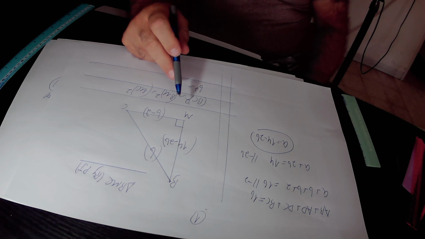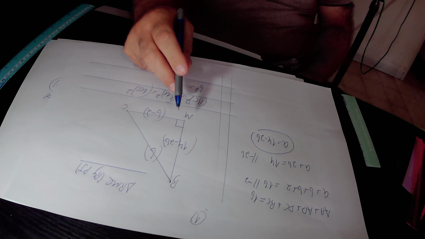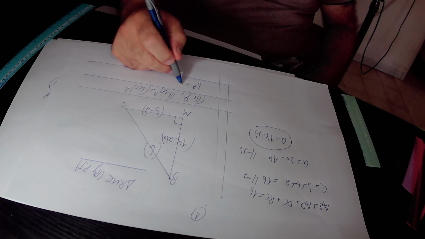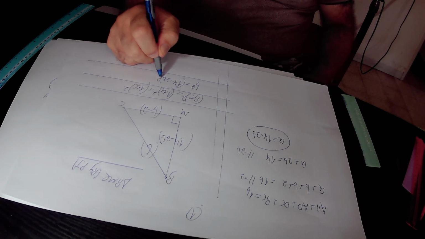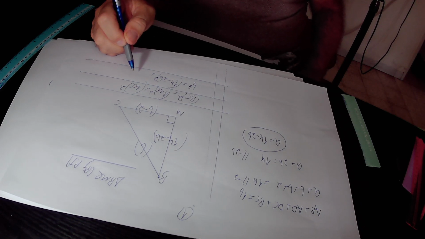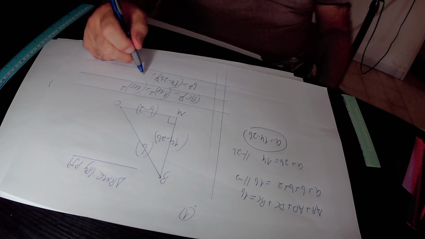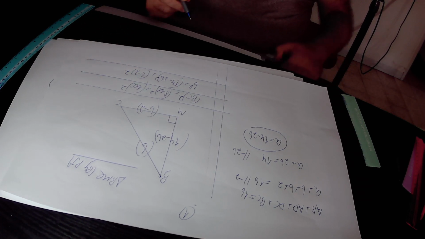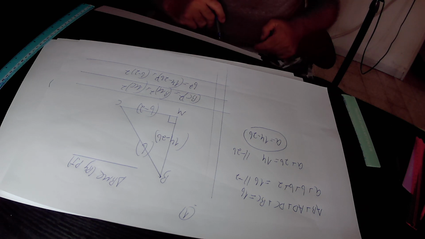BM is 14 minus 2b, therefore BM squared is 14 minus 2b squared, plus MC squared. MC is b minus 2, therefore MC squared is b minus 2 squared. So in total, we found out that b squared equals 14 minus 2b squared plus b minus 2 squared.